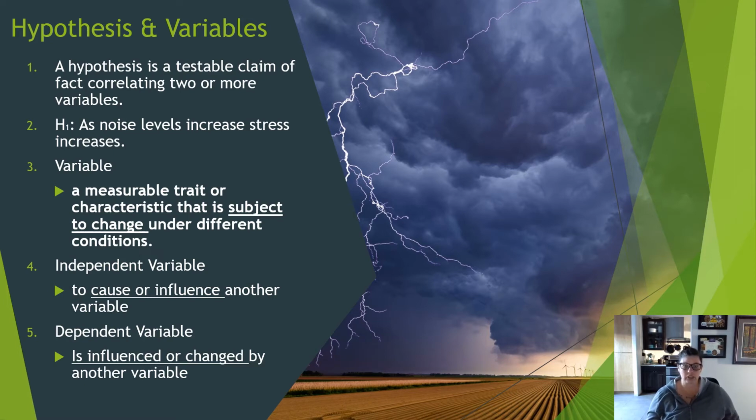They can change, they can go up or down or change in some way. So what's the difference between an independent variable and a dependent variable? An independent variable causes or influences another variable, and a dependent variable is the one that's influenced by the previous variable.